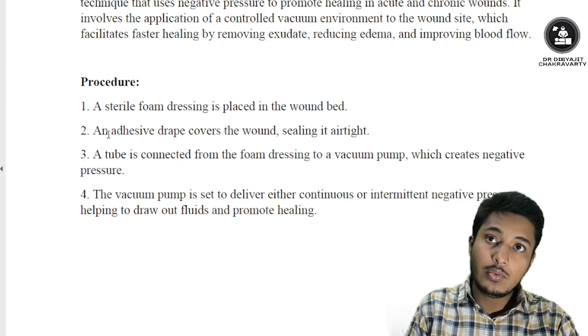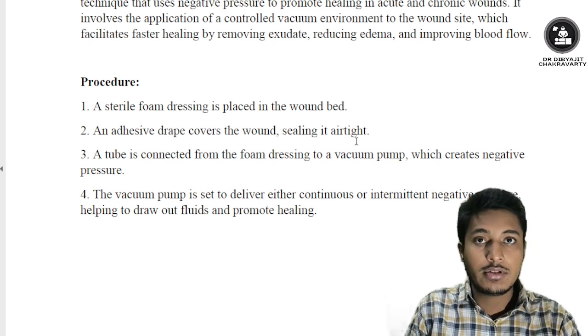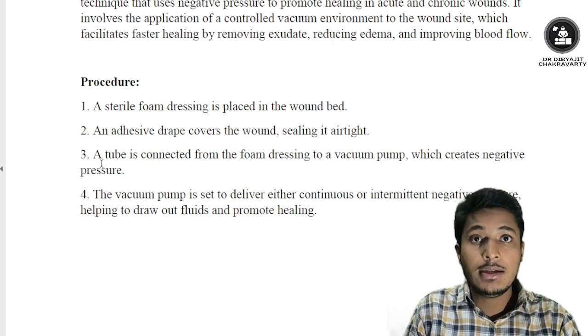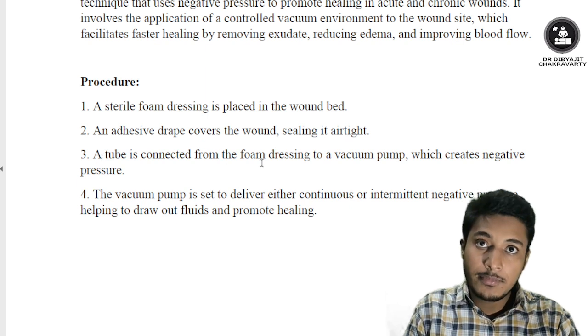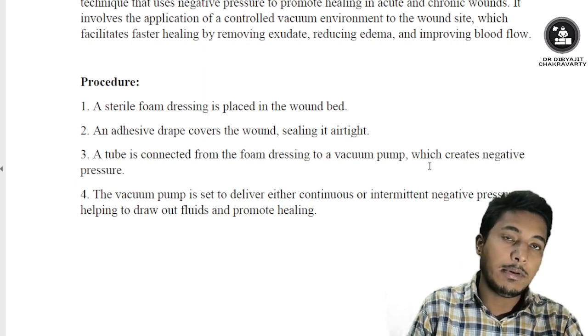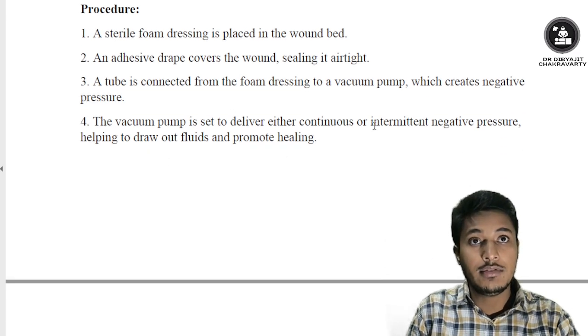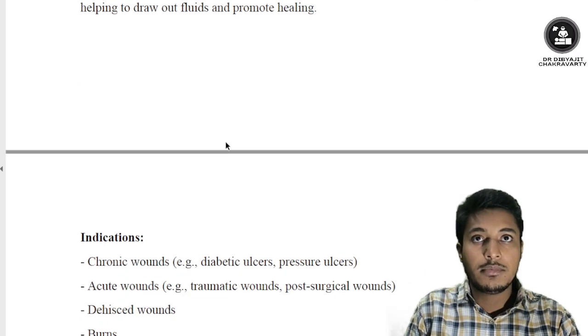Then, above that, we apply the adhesive drape, which covers as well as seals the wound airtight. Then a tube is connected from the foam dressing to the vacuum pump, which creates negative pressure. The vacuum pump is set to deliver either continuous or intermittent negative pressure, helping to draw out fluids and promote healing.